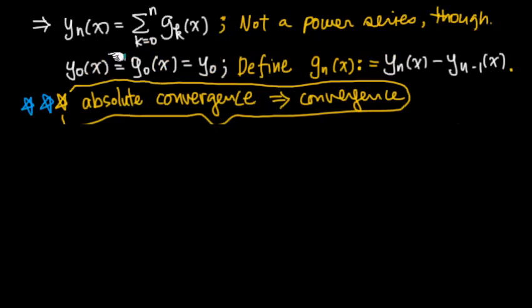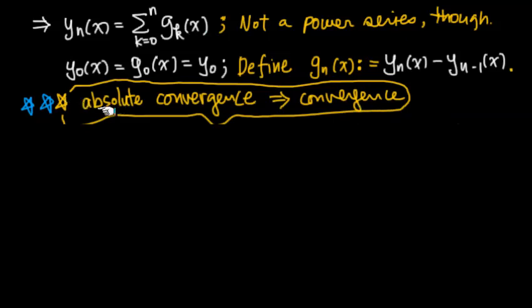Now for yn, if you fix the value of x, then this becomes a finite series, and we want to see how it behaves as n approaches infinity, of course, and that's a series. Absolute convergence means if I change this individual term into a positive term by putting an absolute value, and that still converges, then no matter what the sign was, the original still converges.